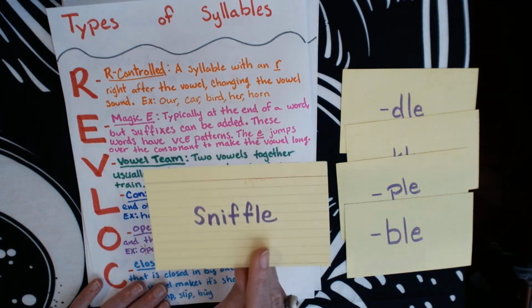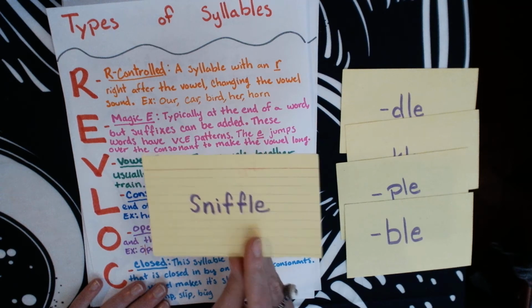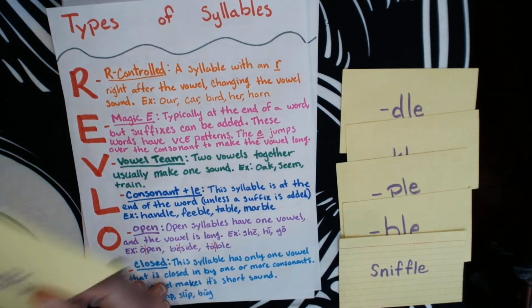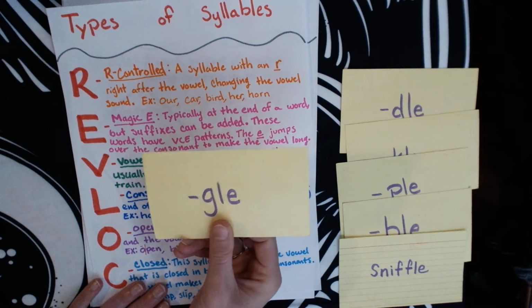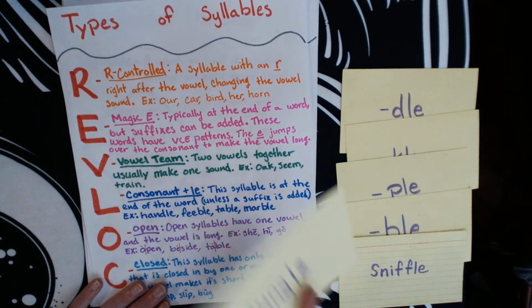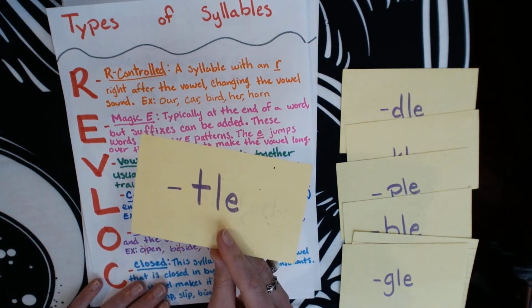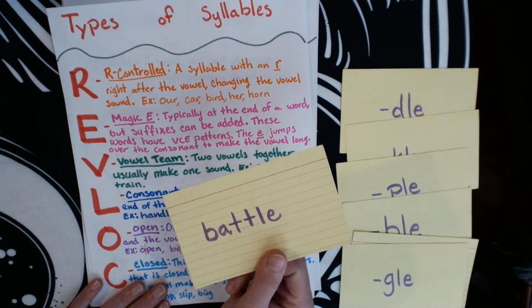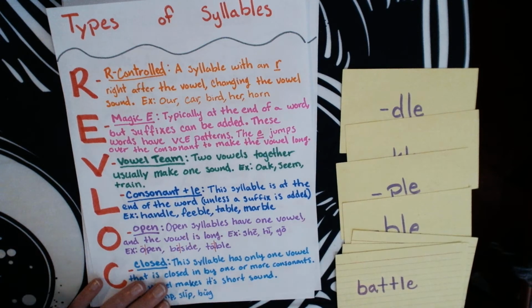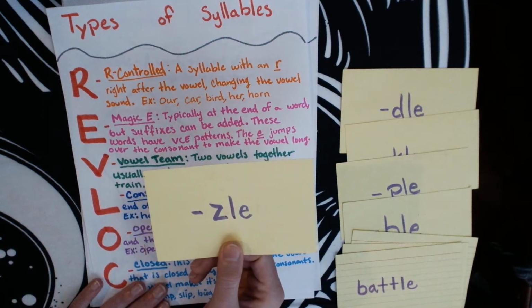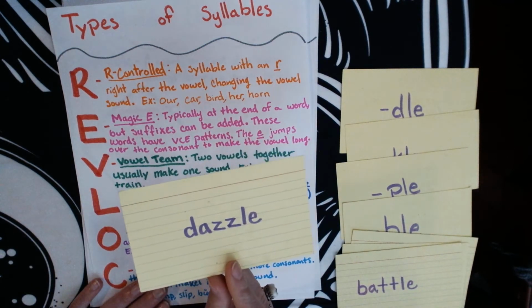FLE says full, as in the word sniffle. GLE says gull, as in the word jungle. TLE says tull, as in the word battle. And ZLE says zull, as in the word dazzle.